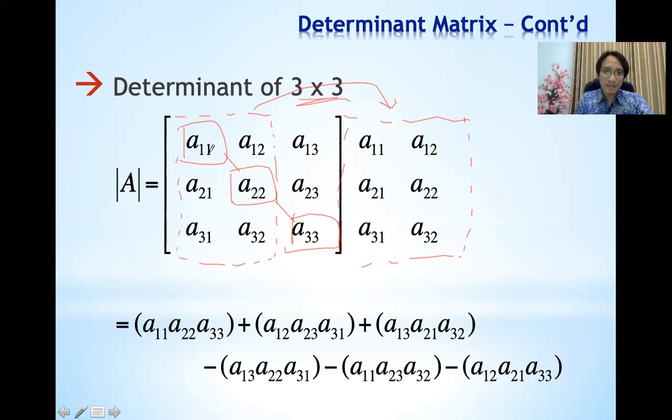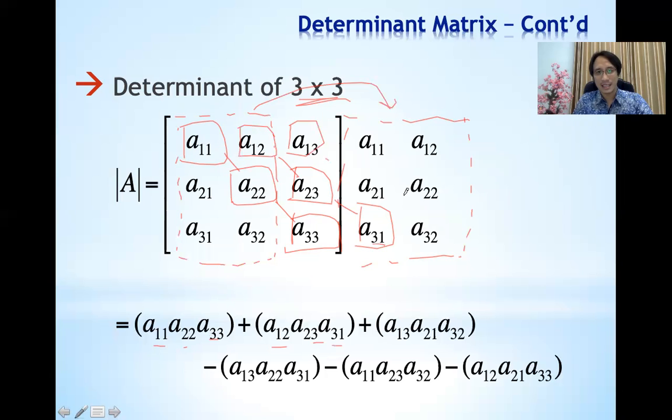And then multiply the right diagonal: A1,1 times A2,2 times A3,3, plus A1,2, A2,3, and A3,1.